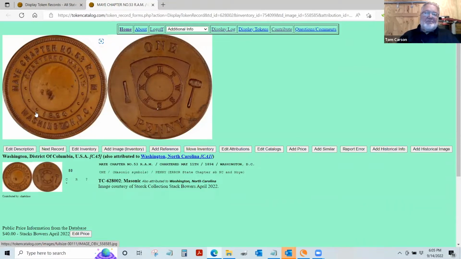The chapter says Washington, D.C. Well, this was Washington, North Carolina. So they went back in and repunched it. And I haven't listed the repunch yet, but the chapter was Moy instead of May. So this one's a double error.